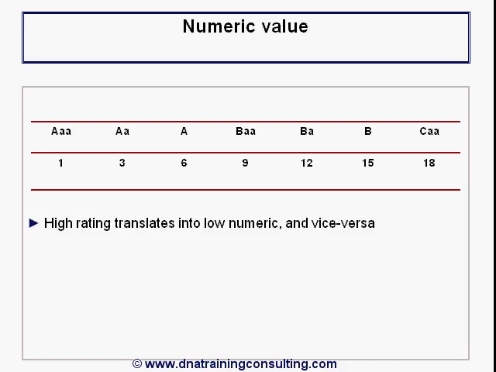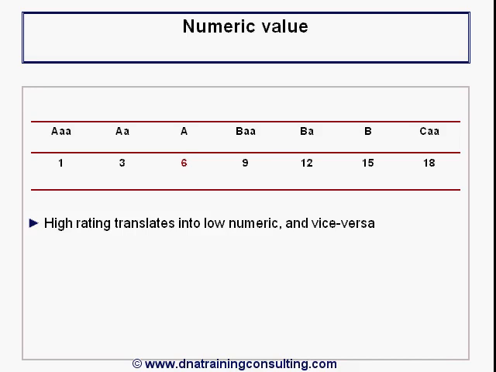The single A for our carrier therefore translates into a numerical value of 6, a number we will use at the end of this process in combination with the 9% weighting for this category to derive the final weighted average score and hence the final credit rating for the issuer.